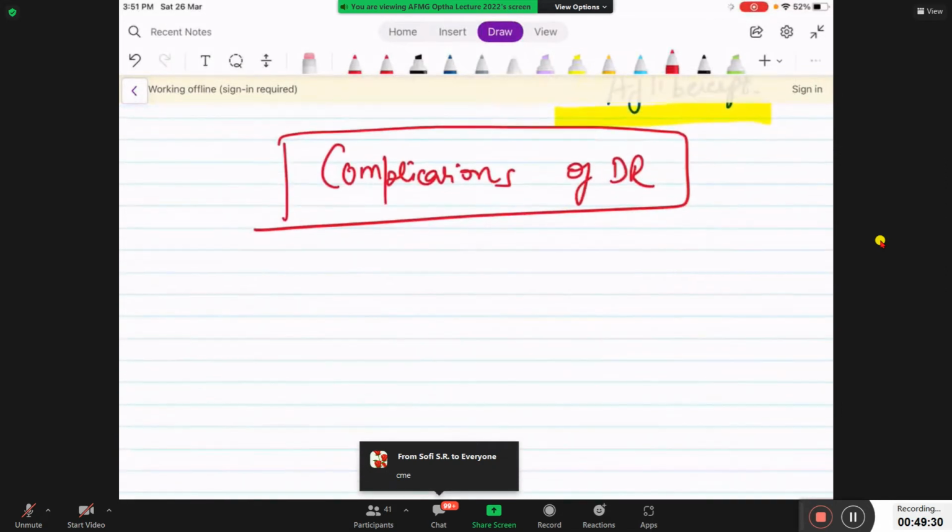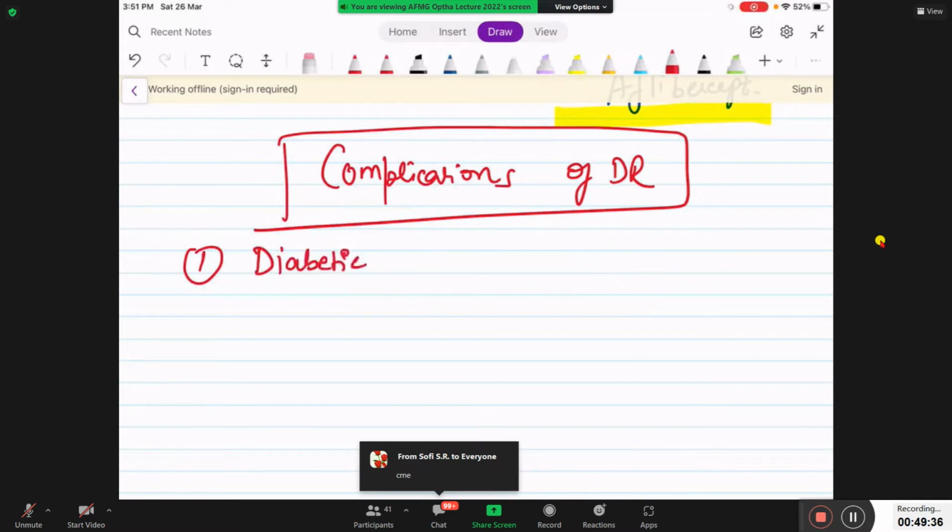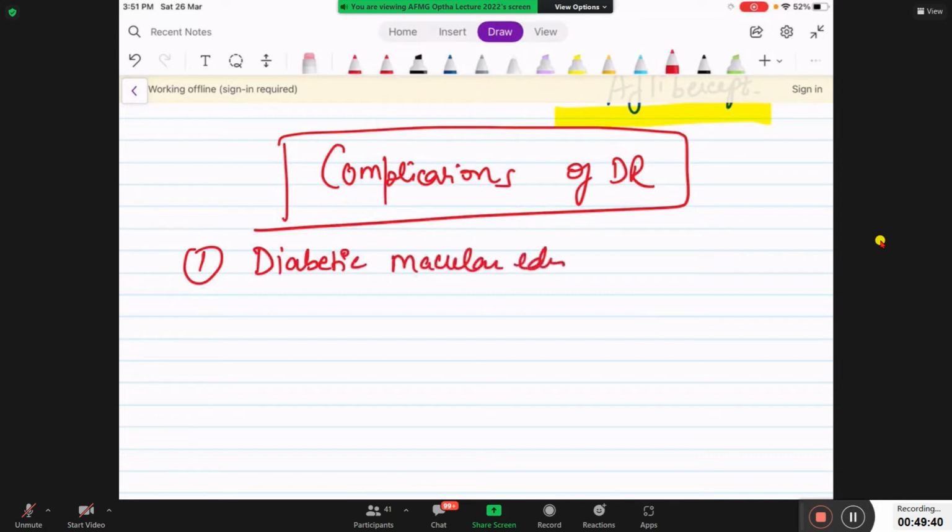So complication, write down. Number 1 complication is diabetic macular edema. Short form is DME. Now write down question, important.